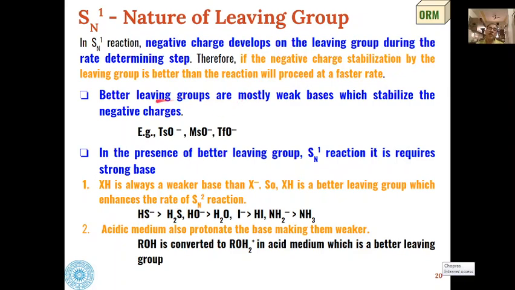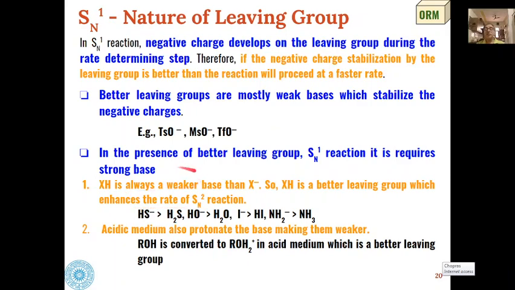So better leaving groups will complete the SN1 reactions in a faster manner, whereas the other leaving groups which are not easily removed from the substrate will have a slow SN1 rate. Tosylates, mesylates, triflates are very good leaving groups, so they will have a better SN1 reaction rate.